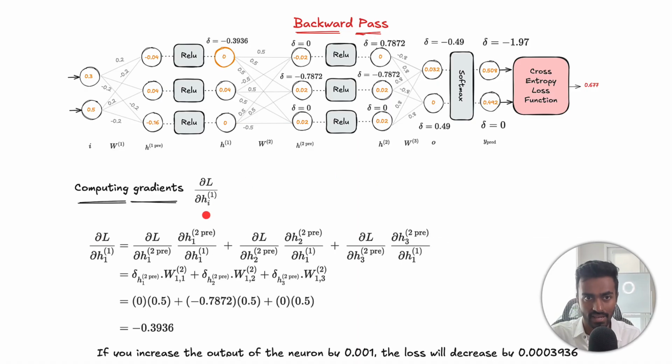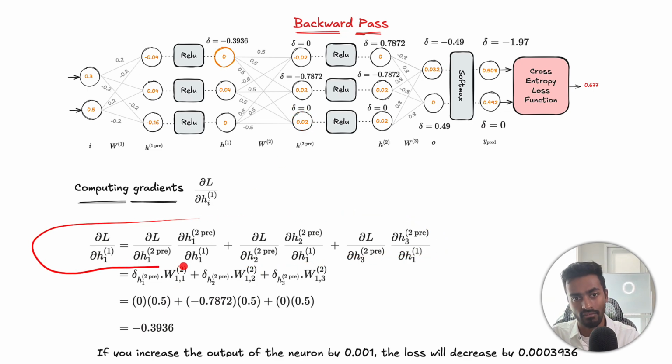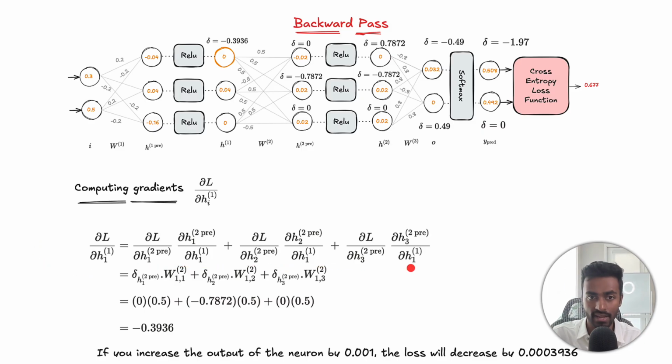Next, we'll go to the previous layer here. How does this neuron now affect this loss? Well, it's how this neuron affects the loss, whatever the effects are, times how this neuron affects this neuron, plus how this neuron affects this loss, times how this neuron affects this neuron, plus how this neuron affects this loss times how it affects this neuron. That's exactly given by this chain rule right over here, and we sum the effects of those gradients.